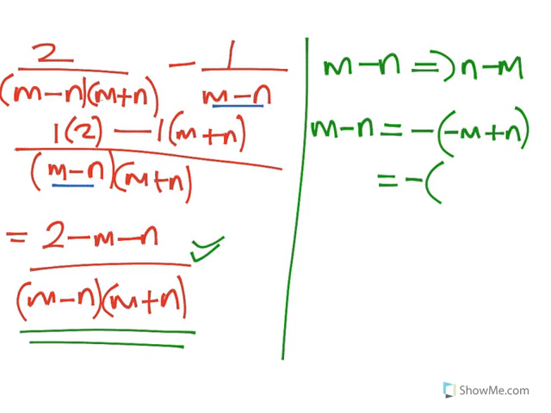You rearrange because you always start with the positive, n minus m. So you see, by taking out a negative, you rearrange. Where there was n, it becomes m. Where there was m, it becomes n. So this is m minus n. So this is what the negative does.